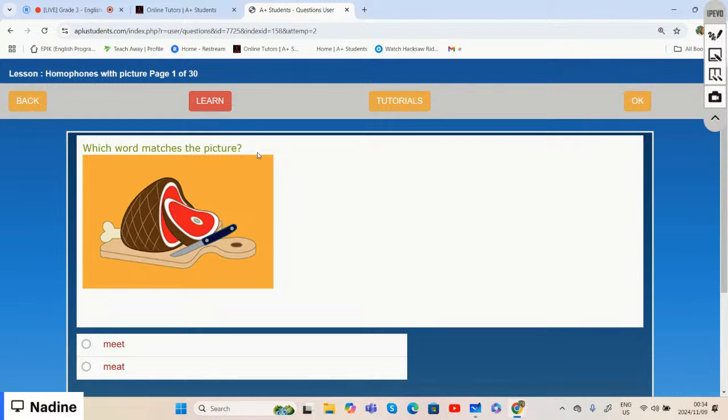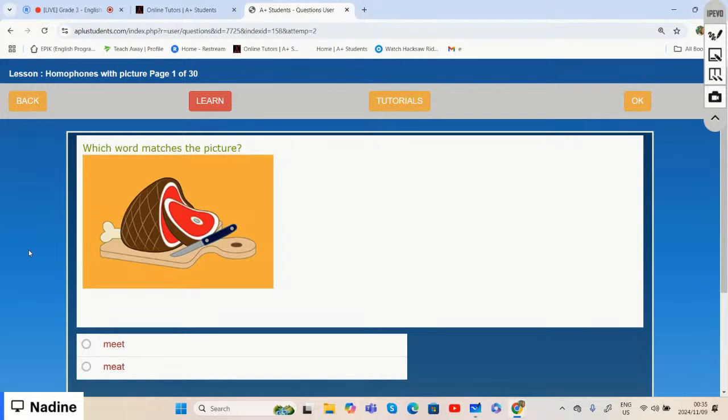Now, if we look at this picture here in our test, which word matches the picture? Is it option one, meat, or option two, meat? All right.